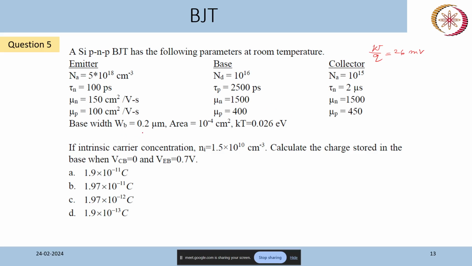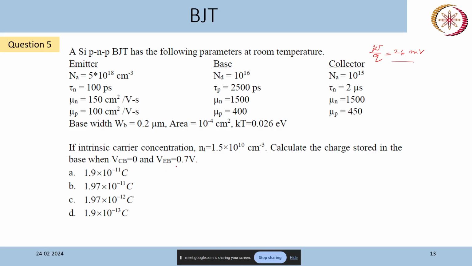The base width is given 0.2 micrometer, and area of cross section is 10 to the power minus 4 centimeter square. Everything is given in terms of centimeter, and kT is 0.026 electron volt. So that I already have written. If intrinsic carrier concentration ni is 1.5 into 10 to the power 10 per centimeter cube, which is the intrinsic carrier concentration in silicon at room temperature, calculate the charge stored in the base when VCB is 0 and VEB is 0.7 volt.